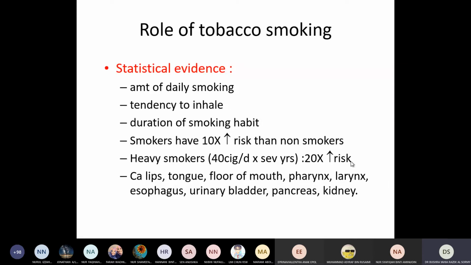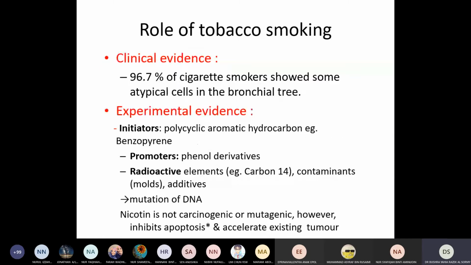Also, cigarette smoking is not only implicated in lung cancer; it also causes cancer of the lip, tongue, floor of mouth, pharynx, larynx, esophagus, urinary bladder, pancreas, and kidney. They found 96.7% of cigarette smokers showed some atypical cells in the bronchial tree.